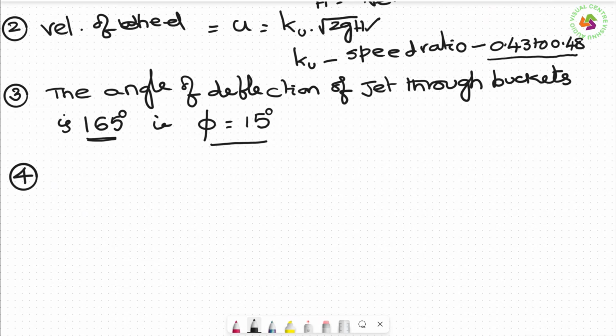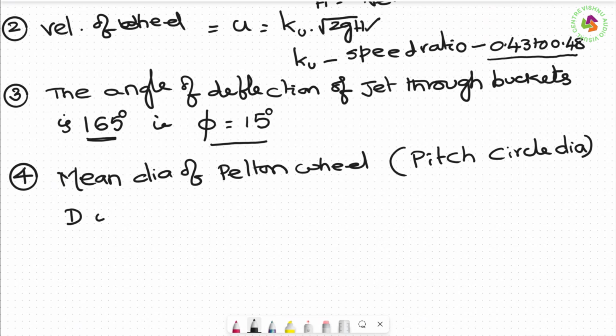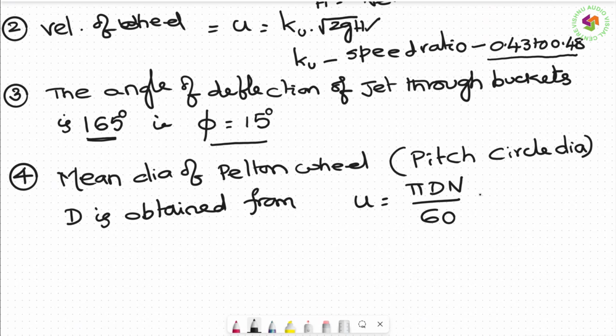And the fourth point is, we can calculate the mean diameter of the wheel, the mean dia of Pelton wheel, and this is also called the pitch circle diameter. This can be calculated using the equation. D is obtained from U is equal to pi D N by 60, where N is the speed of the wheel in RPM.